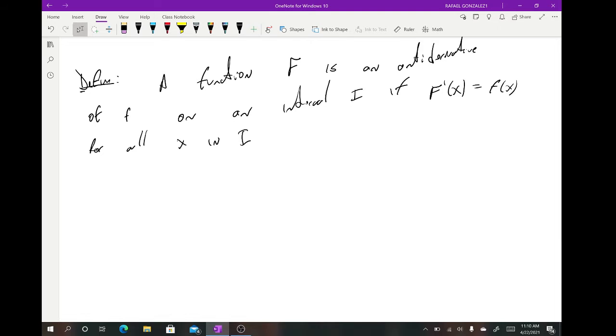Like I just mentioned, this capital F we call an antiderivative rather than the antiderivative. To see why, we simply need to look at the following. Let me call this function F1, and F1 of x is equal to x cubed, the first one we had. Now capital F2 is going to be equal to x cubed minus 5, and let's do one more.